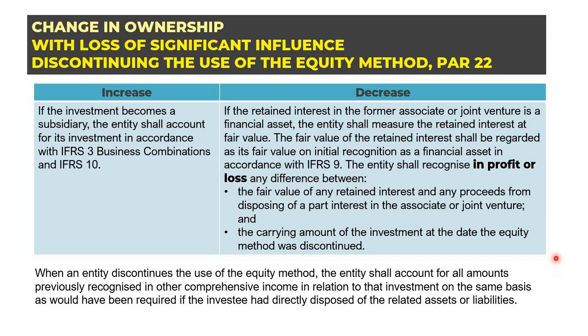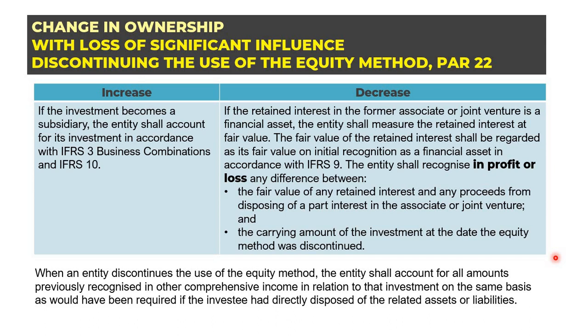So, kaya kanina, yung OCI na meron tayo, si ABC Company, na nire-record niya sa kanyang libro, which is related sa OCI ni investee, ni associate, tinanggal natin siya sa OCI at diniretso natin siyang nilipat sa retained earnings. Kasi yung OCI na yon is OCI dahil sa associate. Since hindi na natin siya associate, so dapat matanggal na rin yung OCI na nire-record natin dahil sa associate.